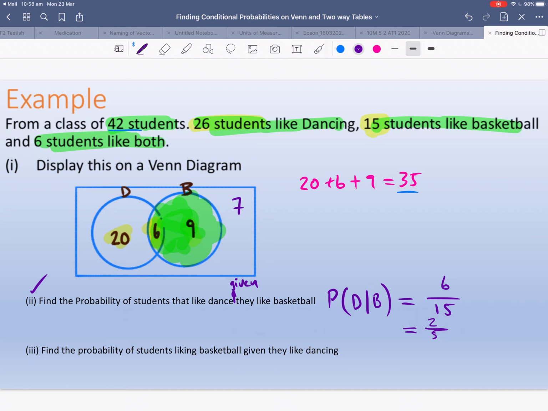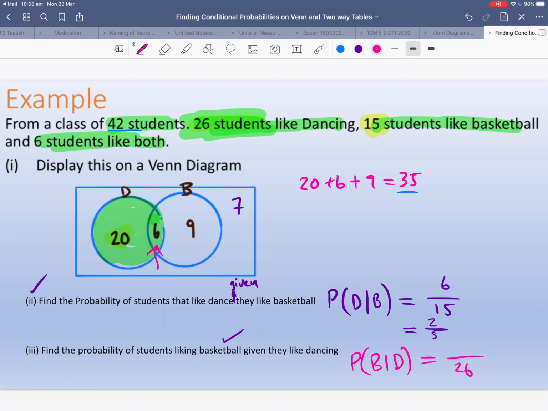Next one. Find the probability of students liking basketball given they like dancing. Now we're looking at the universe given they like dancing. How many students like dancing? It says up here there was 26. So the total is 26, and how many like basketball given they like dancing?